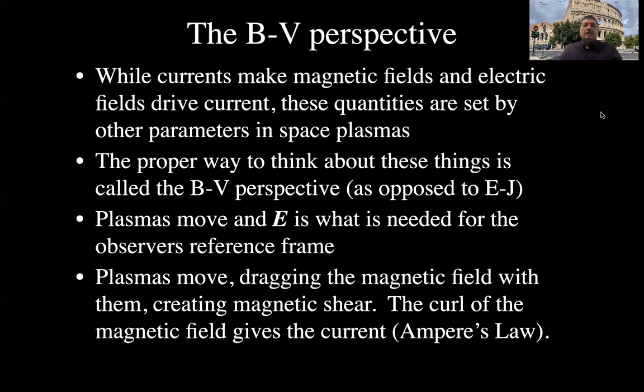But in space, the time scales are such that the current will adjust to the change in the magnetic field first. And so in space plasmas, if you just know what the magnetic field is, then the current is what is consistent with that. It's the curl of the magnetic field.